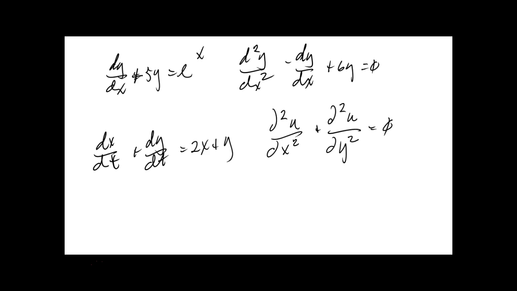You have two independent variables. So you only have one dependent variable, who cares? But you can take the partial of this with respect to the one independent variable and the partial with respect to the other. This happens to be a second order partial differential equation. Okay? We're not doing those. We're showing you those, but we're not going to do those in this course. But just so if you ever run into them, you can see them.